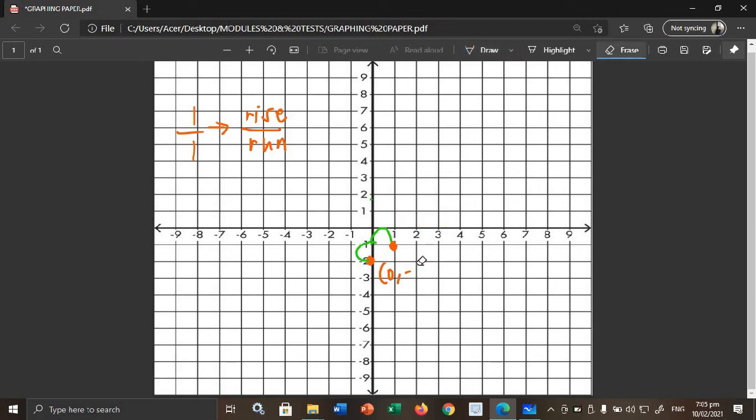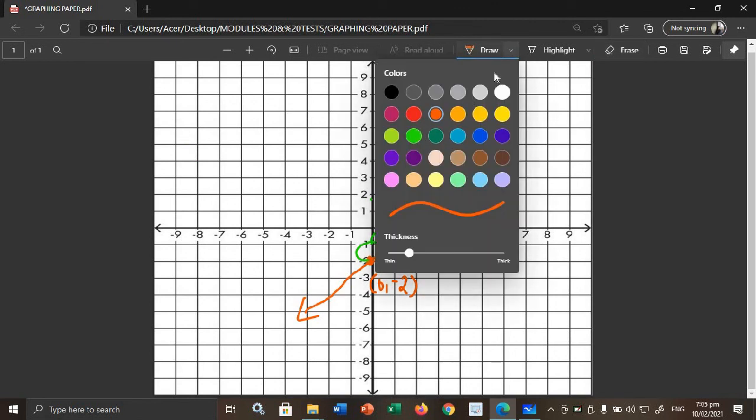So, asug lang natin. (0, -2). Second point mo is (1, -1). Okay? So, after natin malocate yung second point natin, we can now connect the points. So, that's it, no? Yan na yung graph ng linear equation mo.